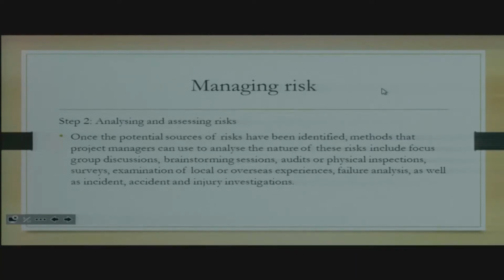That's true. Or surveys, examination of local or overseas experiences, failure analysis, as well as incident, accident, and injury investigations. All these are methods that we can use to analyze and to assess the risks.